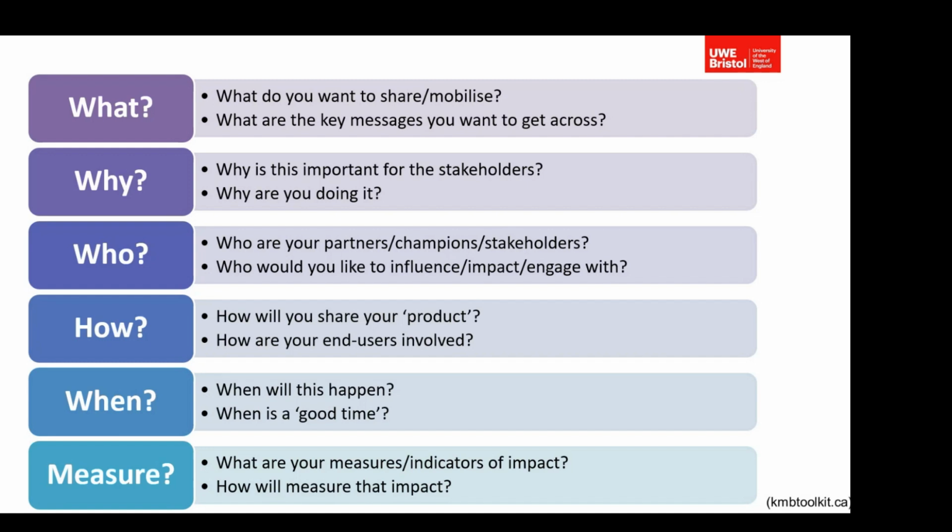If that's the case, then it tends to work a lot better if those things come together. But don't be surprised if your plans are put on hold for 6 months while those stakeholders that you're looking to engage with and influence deal with the immediate issues that they're having to deal with. So think about when that good time might be.